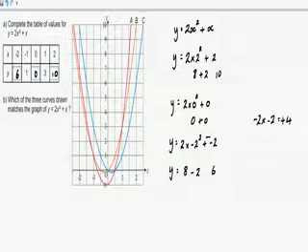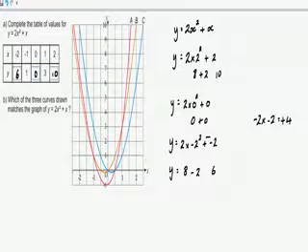direction anyway. Okay, so now we've got to work out which of these three curves matches the graph of this. So again, always start with the positive, make it easy. So we want a line that goes to this point.